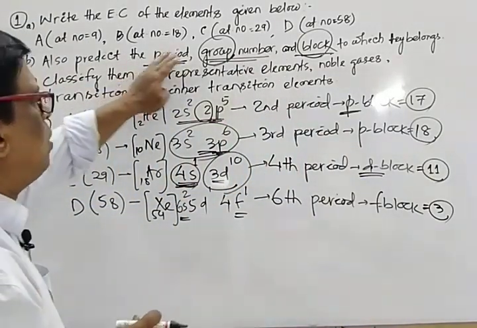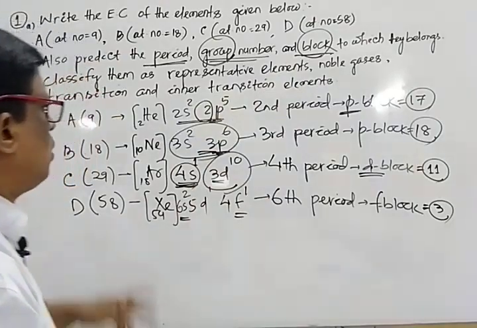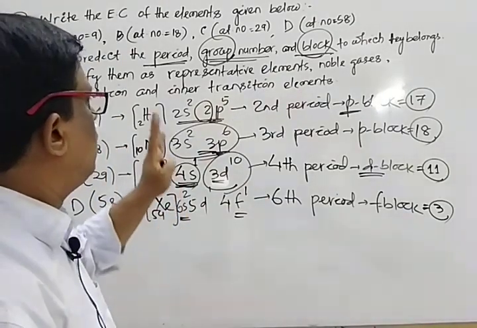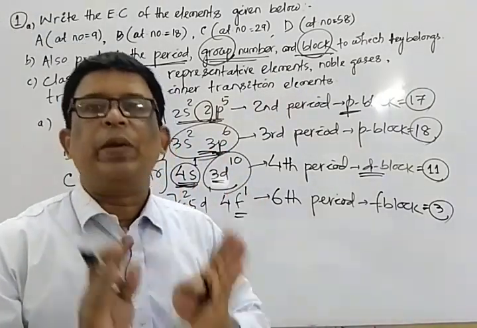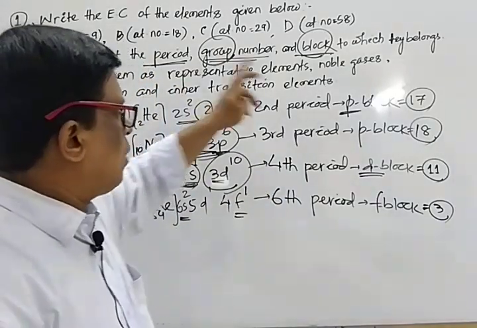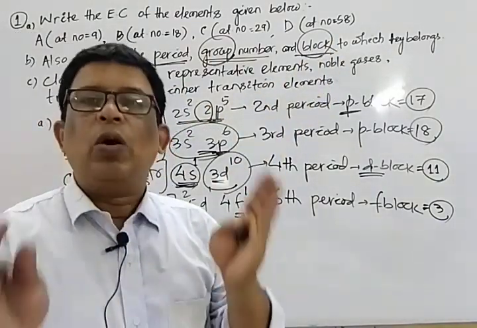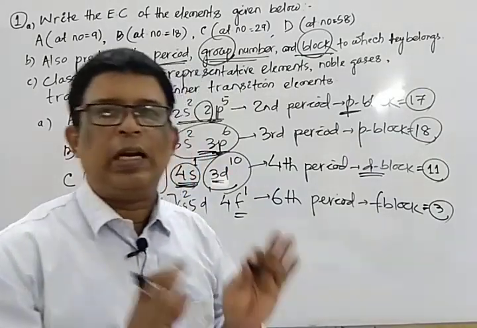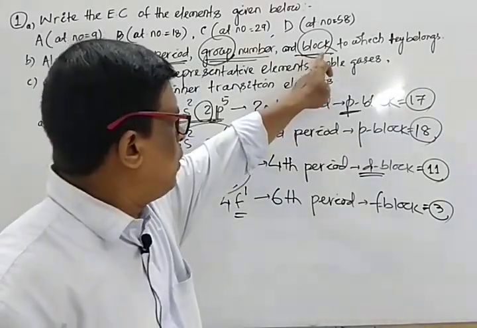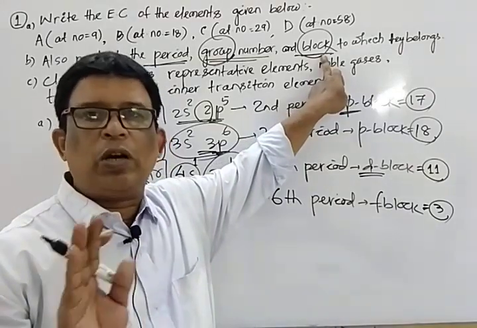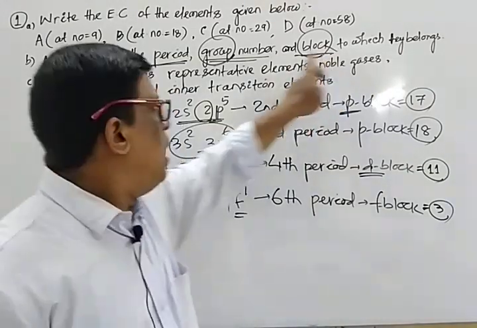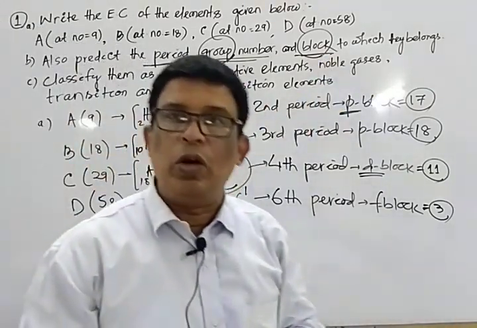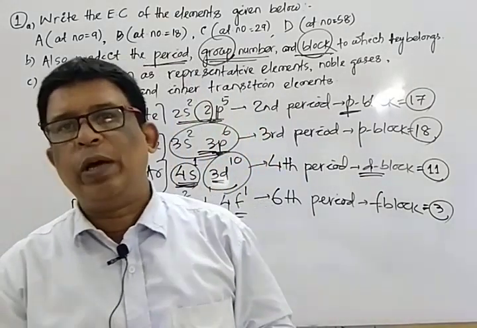There are 3 different cases: one is a period, one is a group, and one is a block. While calculating a period, we observe the principal quantum number. While calculating the block, we observe whether the last electron enters an S, P, D or F orbital. And last, while calculating group number, we have to obey 3 points.